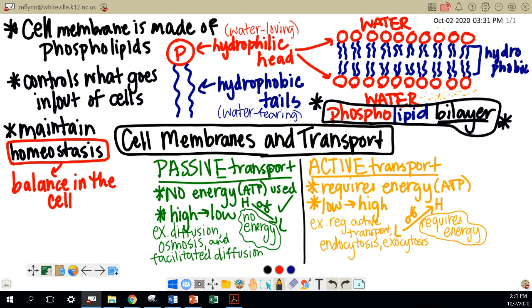For passive transport, it's the opposite. You have a lot of molecules on one side. We'll say the outside here has a ton of molecules, and the inside has just a few.